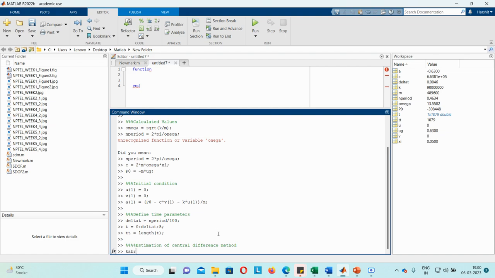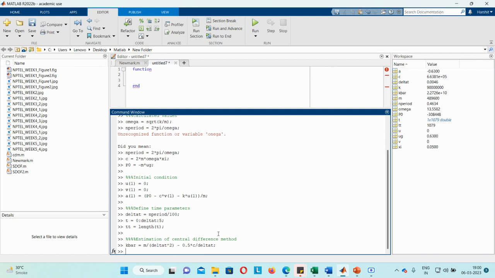So k bar will be given by m upon delta t square plus 0.5 c upon delta t.